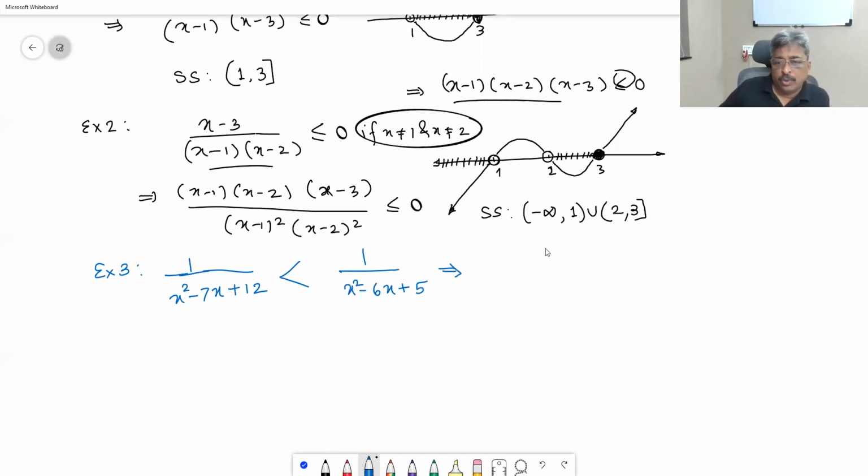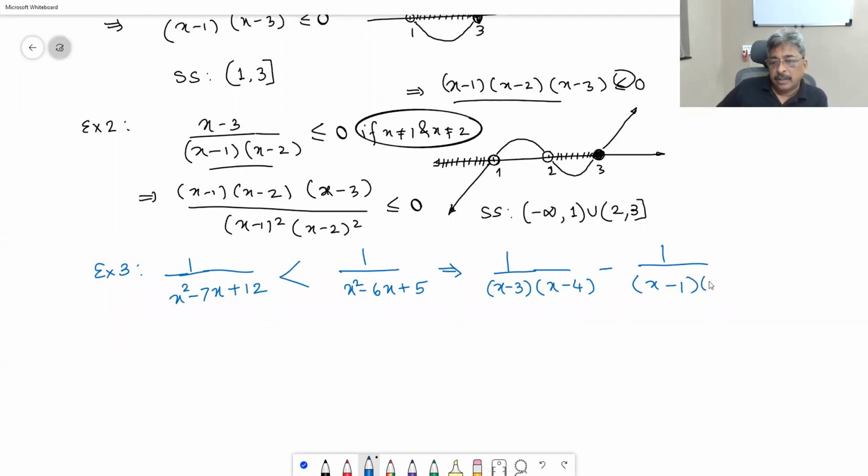First of all, both the denominators are good looking and they get factorized. What are the factors? (x minus 3)(x minus 4), and (x minus 1)(x minus 5). Now I can bring the RHS term to the LHS by changing the sign.